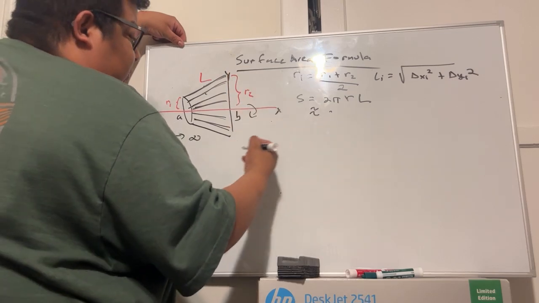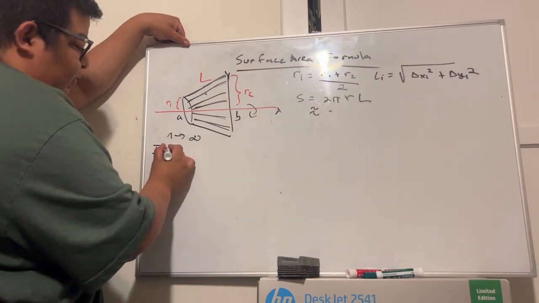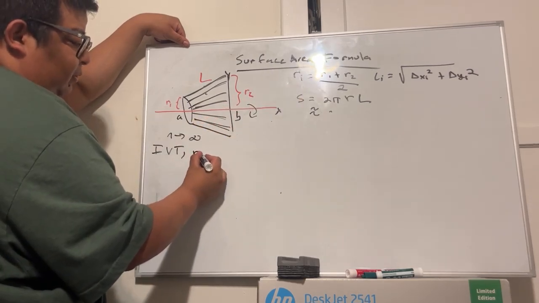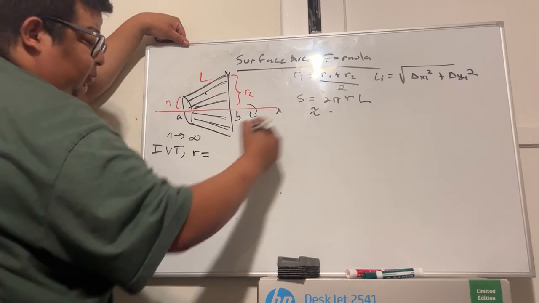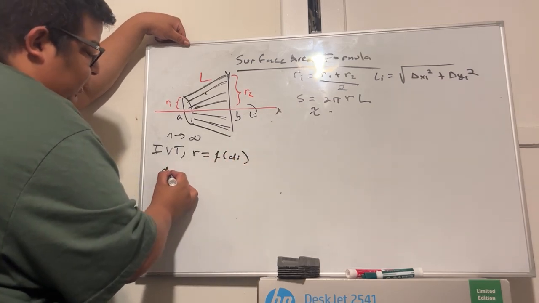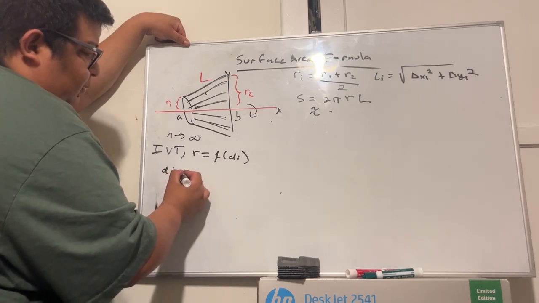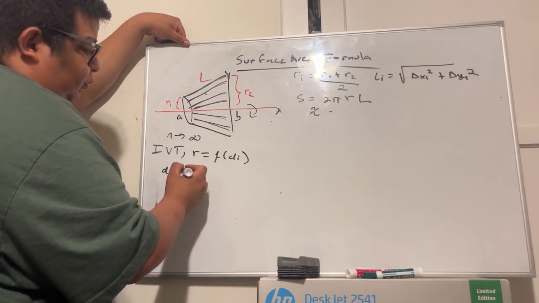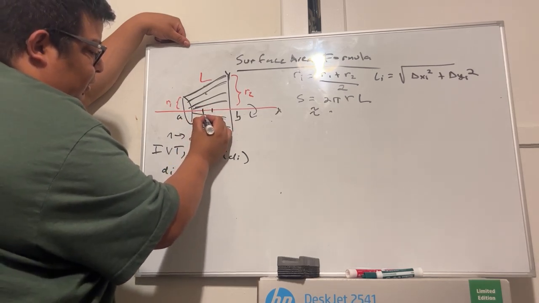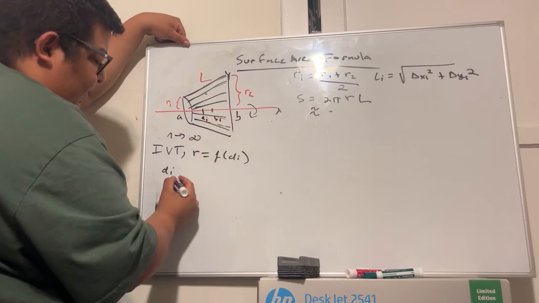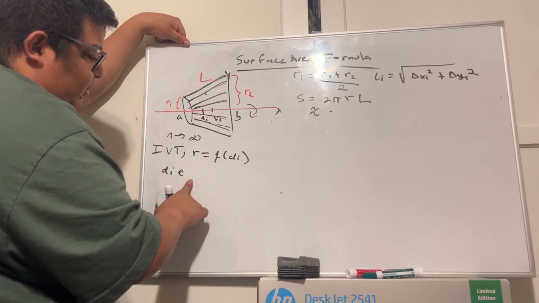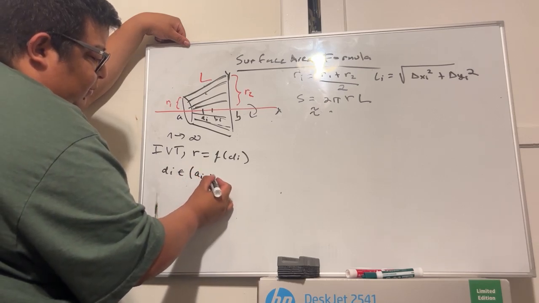One thing to notice is that by the intermediate value theorem, this average radius, this r, is equal to some di, where di is in the interval, somewhere here we call it ai, bi. So di belongs to somewhere in the middle between ai and bi.